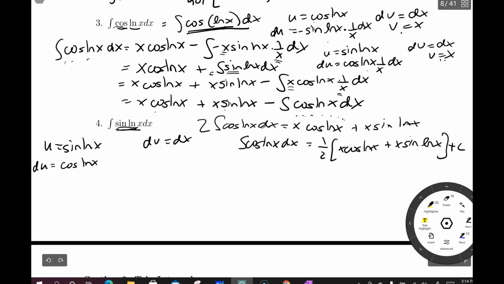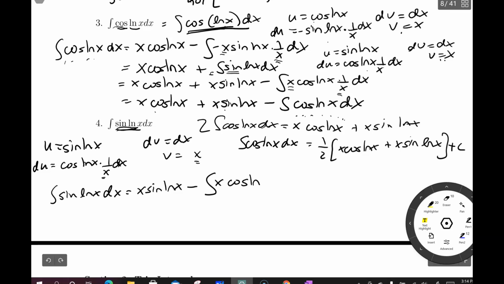Derivative of sine is cosine, carry the ln of x along, multiply by the derivative of ln of x. So I'll just set you up on the first step, and I'll let you finish. So you get uv, whoops, I'm sorry, I meant v is x, right? Okay, so uv, x sine of ln of x minus the integral of v du.